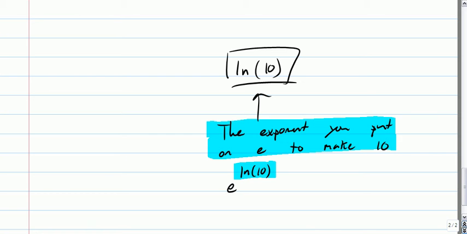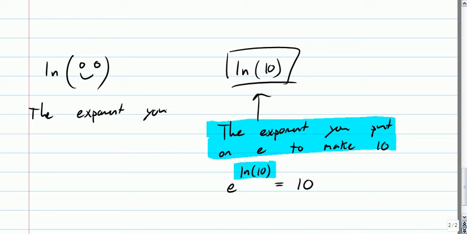That exponent is the same exponent you put on e if you want to make 10. So e raised to the exponent you put on e to make 10 is just 10. Or natural log of smiley face, that is the exponent you put on e to make smiley face.